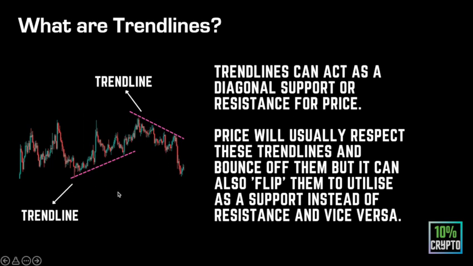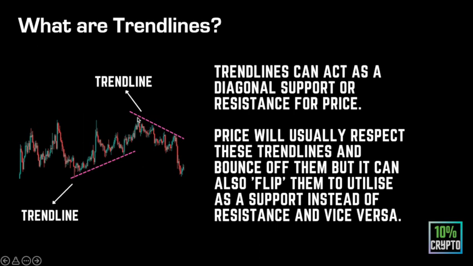So over here on our little example, we've got two trend lines. The first thing I mentioned, trend lines can act as a diagonal support or as a resistance for price. In this trend line, the trend line is acting as a support for the price. Clearly, price is coming here, touching the trend line, bouncing off, touching, bouncing off, again here, touching, and then bouncing off.